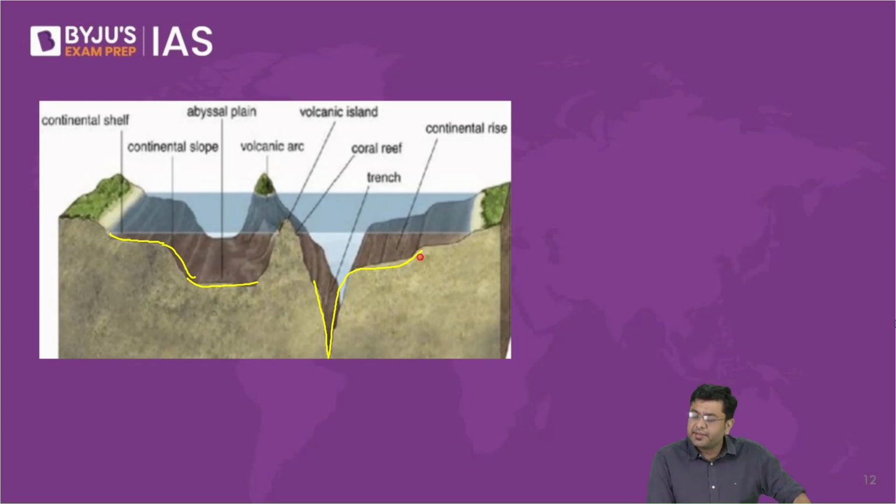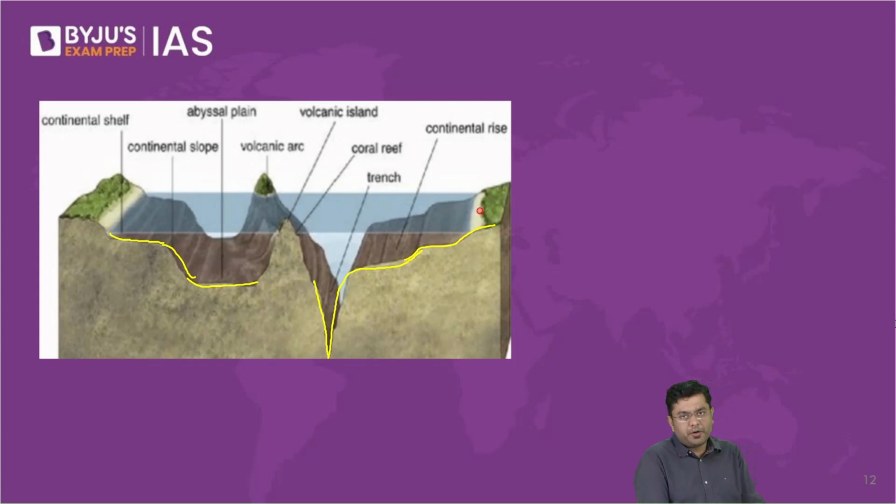So if you want an overview, observe the continental shelf, the shallow portion, then followed by the slope, then you have the abyssal plain, you can have sea mounts, and if these sea mounts extend significantly above water, they are referred to as islands. Then you have the trenches in certain cases, then the continental rise in many of the areas. Continental rise is not consistent in every ocean.